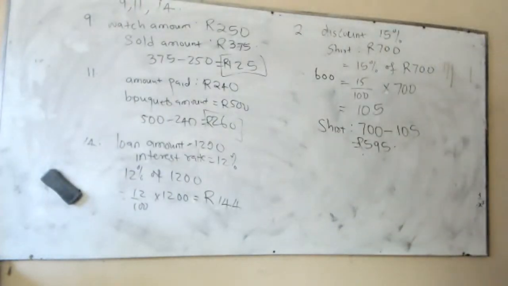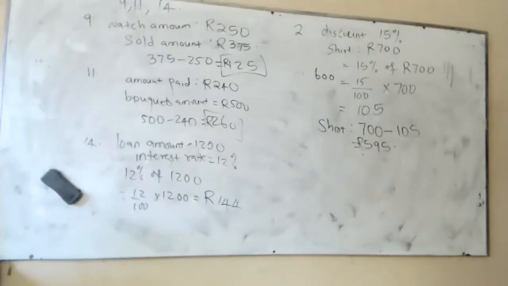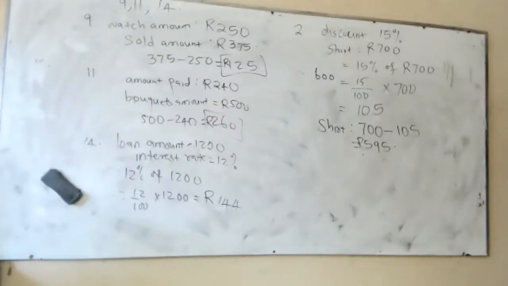Okay, do you see how we were able to get the answers for all the questions you gave me yesterday? Is there a question which you feel is still difficult for you from the ones we attended today? No. You are fine with all the questions, ne? Yes. All right, so I would like to find out if you still have other questions that you find difficult when you were practicing, so that we attend to such questions.